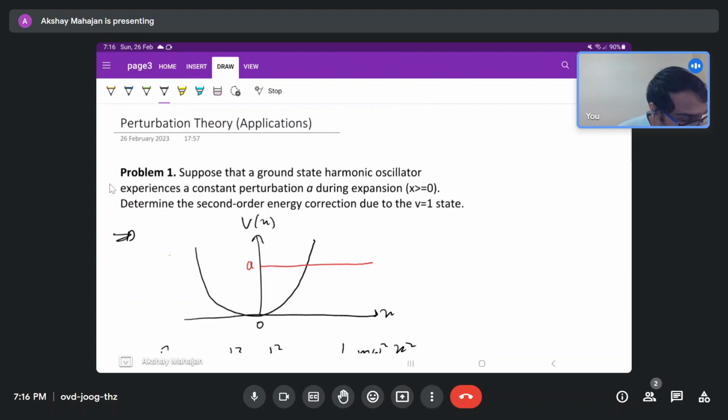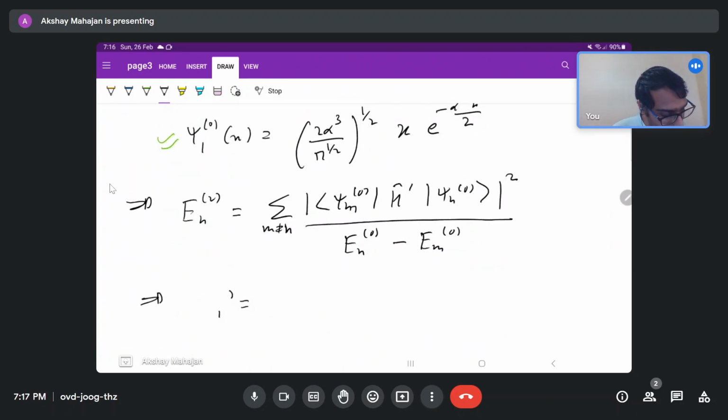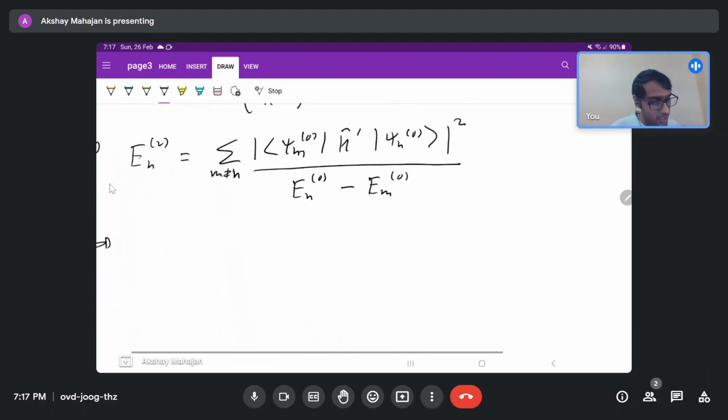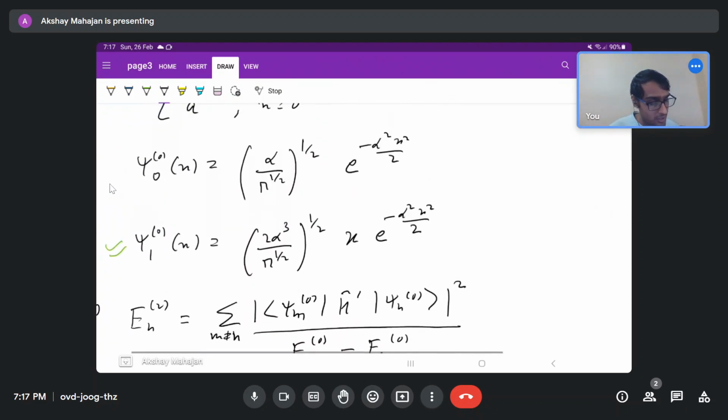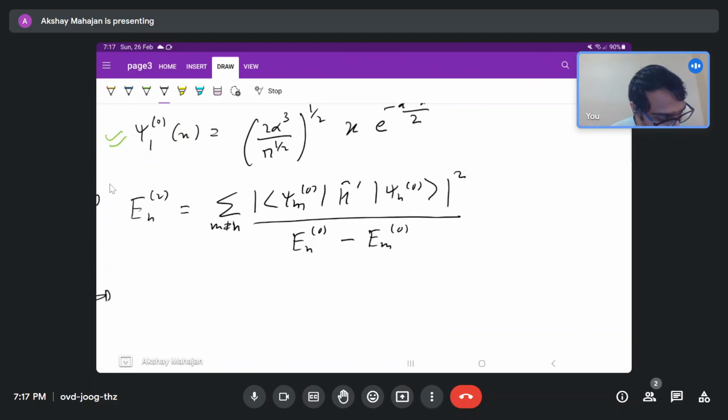Okay, so we have to consider only the v equals 1 state. Sorry, we are finding the energy correction to our ground state, but only up to one term, only because of this psi 1 state. So it is the second order correction to our ground state, but only because of one excited state, which is psi 1 of x.